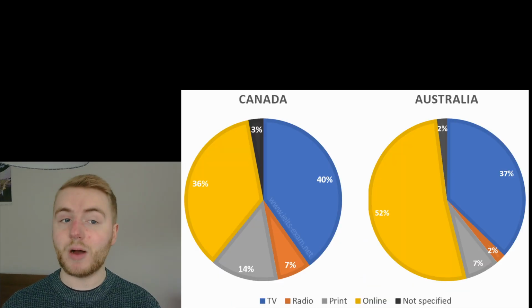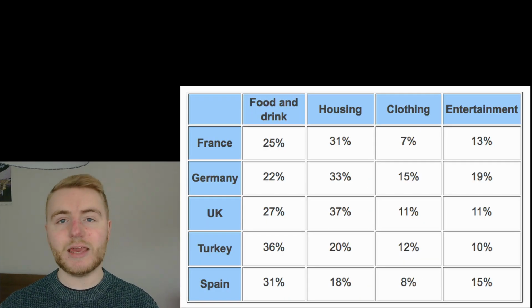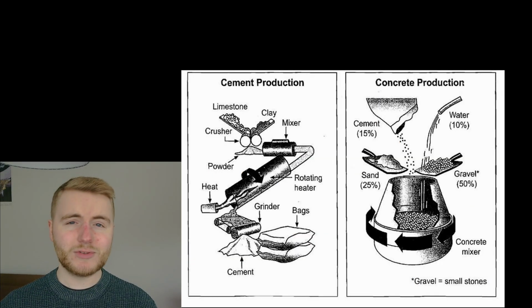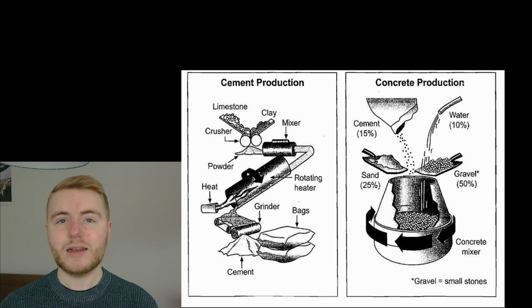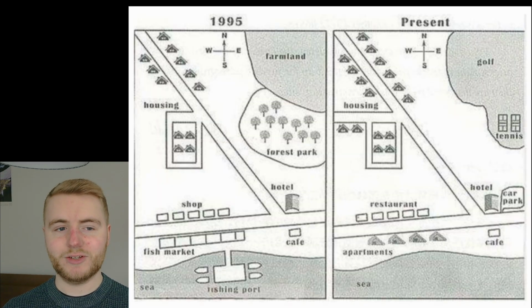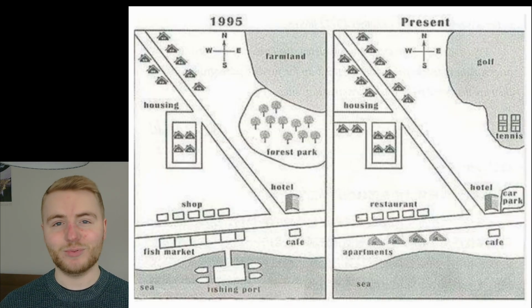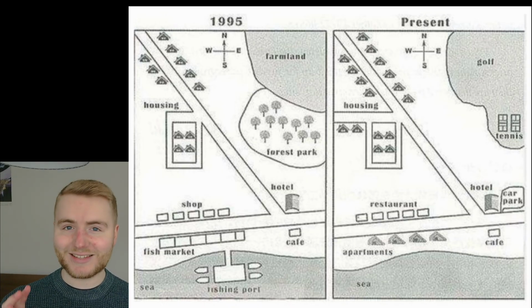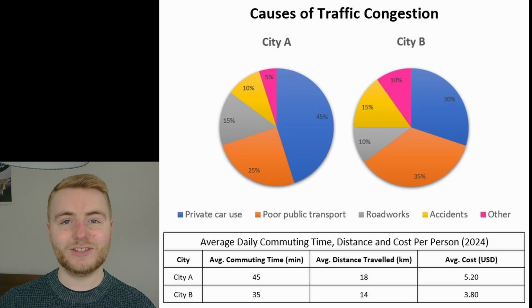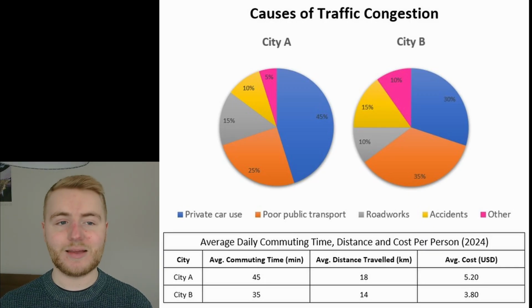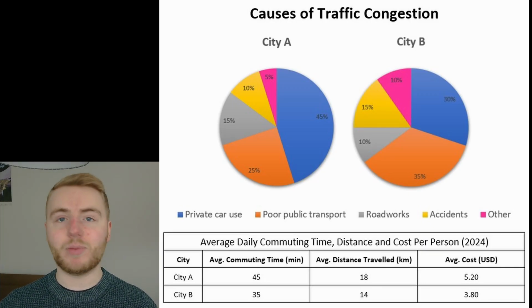Additionally, you may have a pie chart, perhaps tables, maybe a process diagram, lastly, a map type question, and then the final type, which many students really get scared of and they fear a bit, are the two type questions, where, for example, you could have a table and a pie chart together. So those are all the possible question types you can have in the exam, and you're going to have to write a report in 20 minutes that summarizes everything you can see.